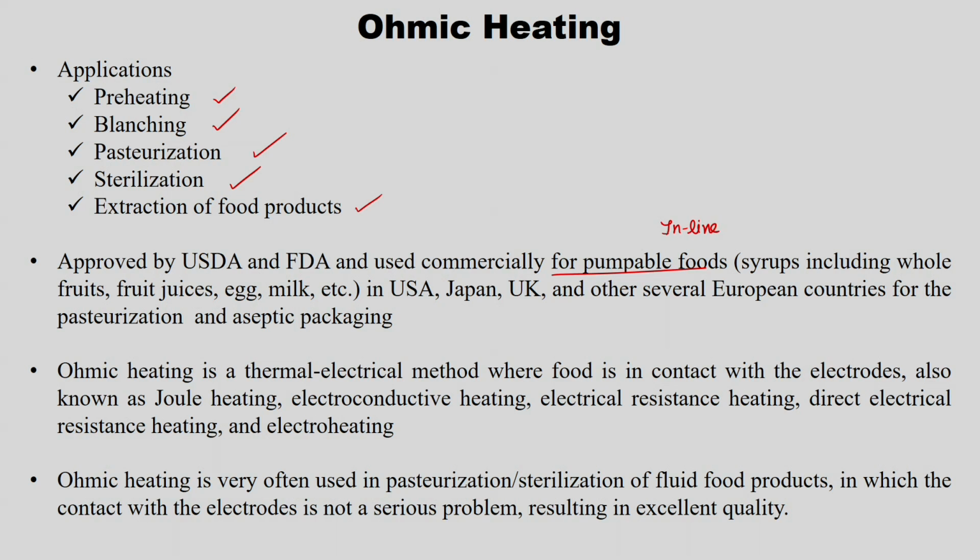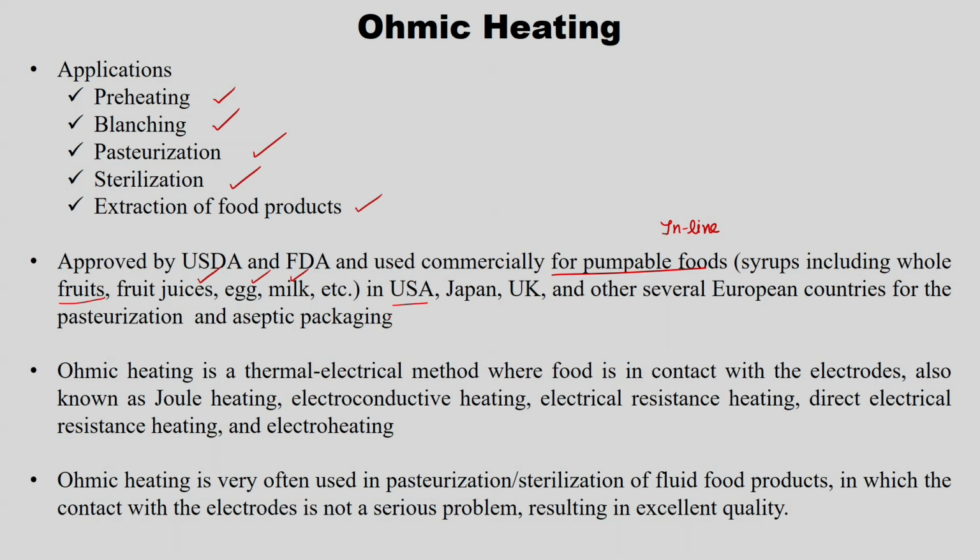It is used for pumpable fluids which contain syrups including whole fruits, fruit juices, pulps. We have already seen it is mainly employed for food material which has large food chunks, and fruit juices, egg, milk, etc. So, all pumpable fluids it is used for.